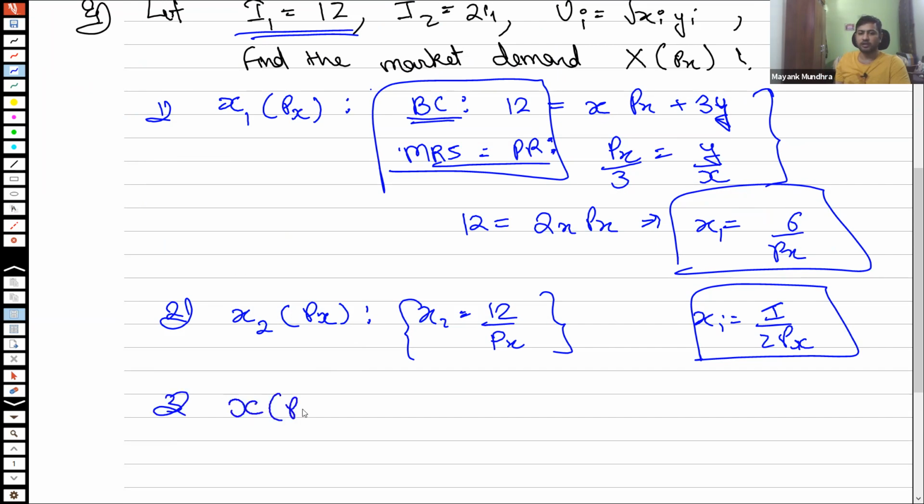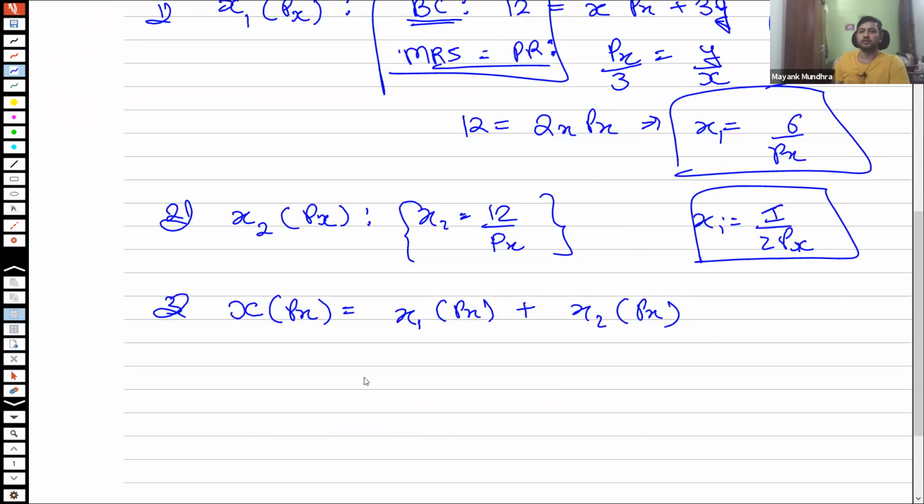demand. So total demand of good X as a function of Px is X1 as a function of Px plus X2 as a function of Px. So that will be equal to 6 by Px plus 12 by Px. So that's just 18 by Px.